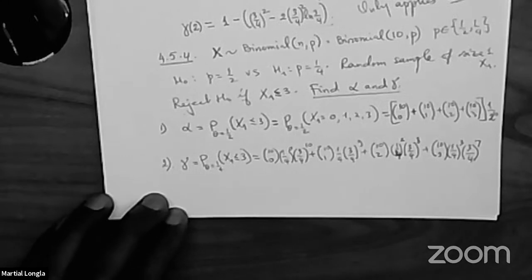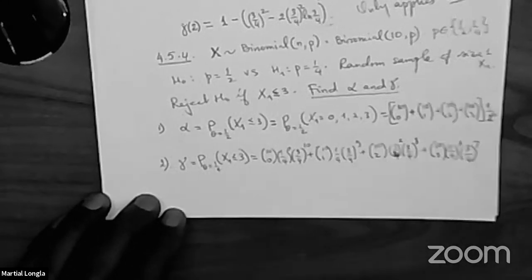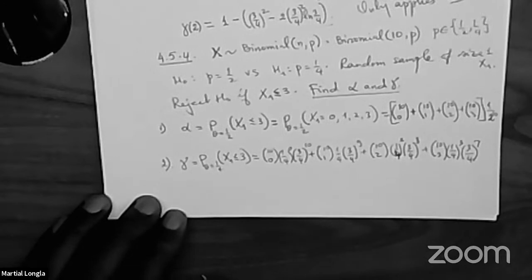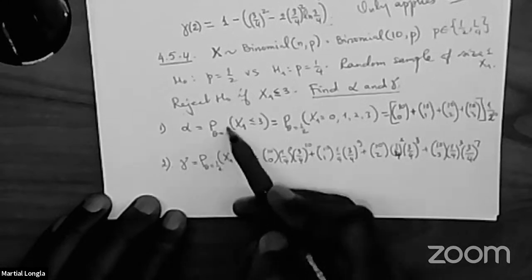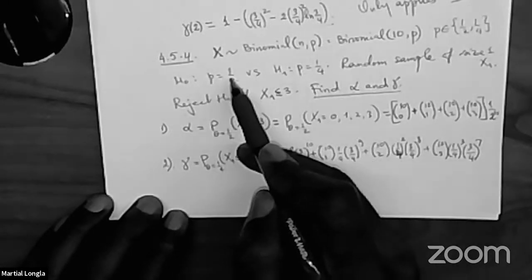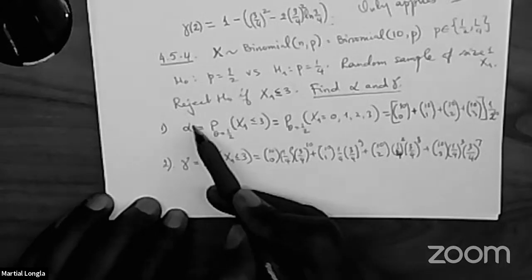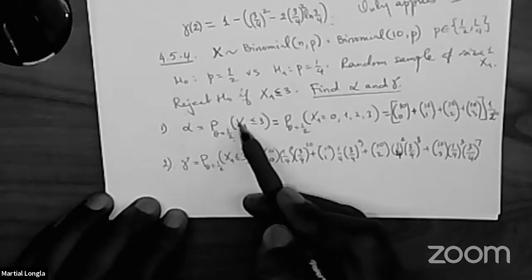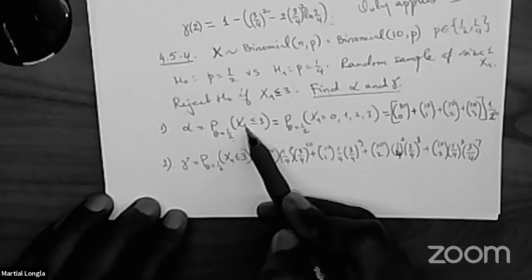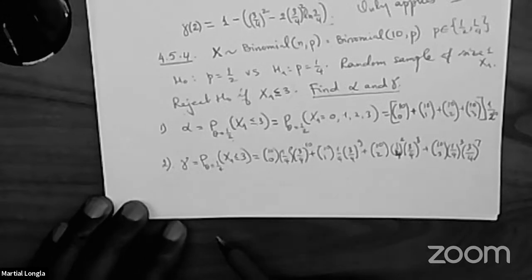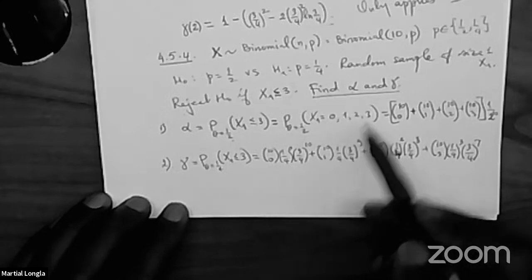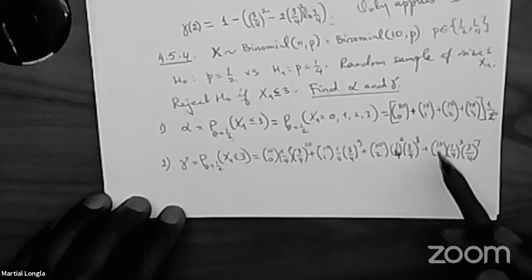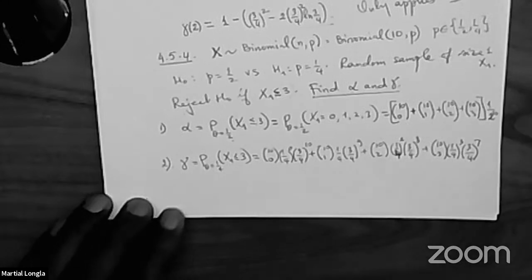What is alpha? Alpha is the probability, under H0, of the critical region that is given. And H0 is p equals 1/2. So that's the probability under theta equal 1/2 of the critical region, x1 less than or equal to 3, which means x1 equals 0, 1, 2, 3, under theta equal 1/2. And that's how you would compute the probability.